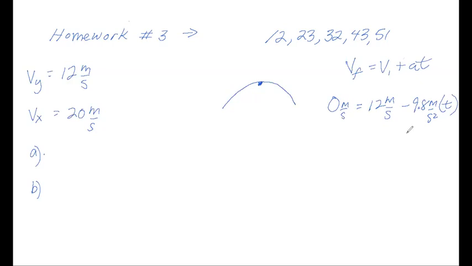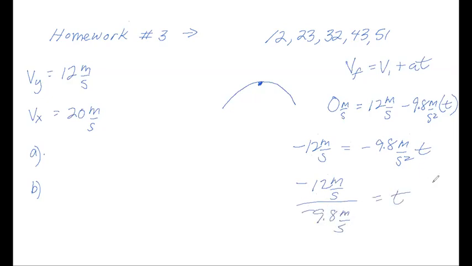So I'm going to subtract 12 meters per second from both sides. So negative 12 meters per second equals negative 9.8 meters per second squared times t. I'm going to go ahead and divide through: negative 12 meters per second divided by negative 9.8 meters per second squared equals t.